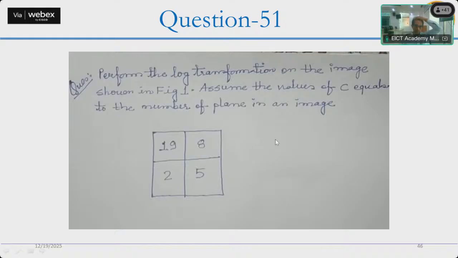Perform the log transformation on the image shown in figure 1. Assume the value of C equals the number of planes in an image. Can you tell? Can you tell about this part? What would be the value? So what is the logarithmic transformation function?